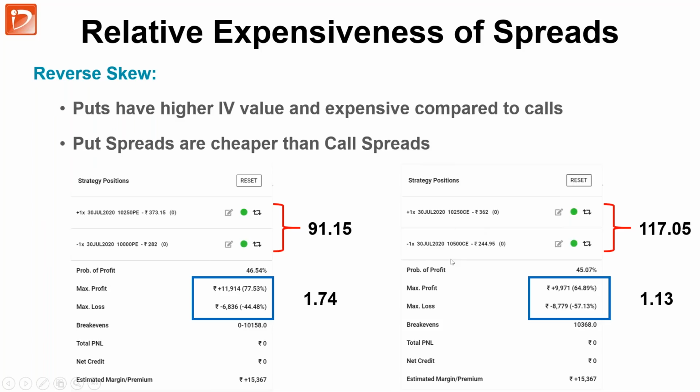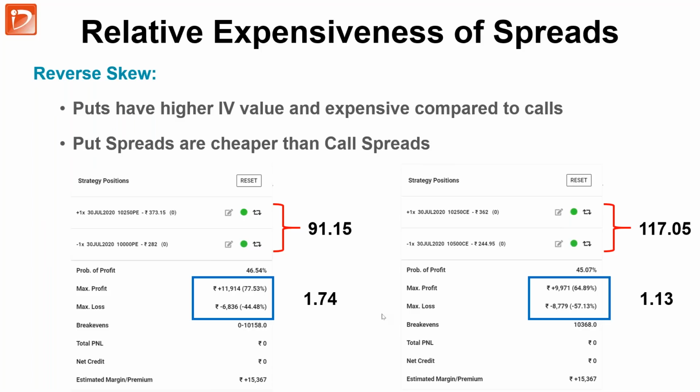For the same width of 250 between the options for the call option, you can see the spread is 117. So this is more expensive compared to the put spreads, and your risk reward is also very low.